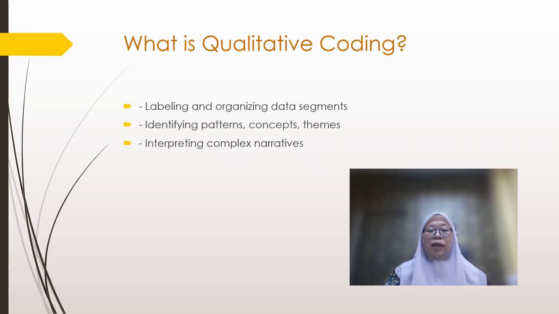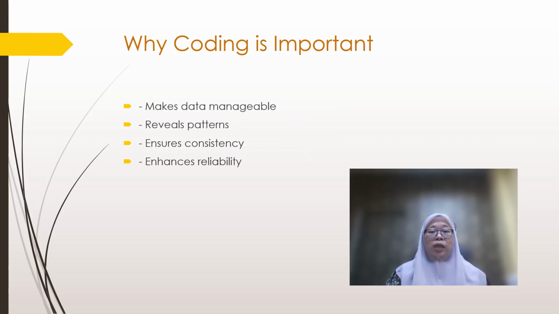Each code acts like a tag that represents an idea, a behavior, or a pattern seen in the data. Over time, these codes help you to identify broader themes that explain the meaning behind the participants' experiences.